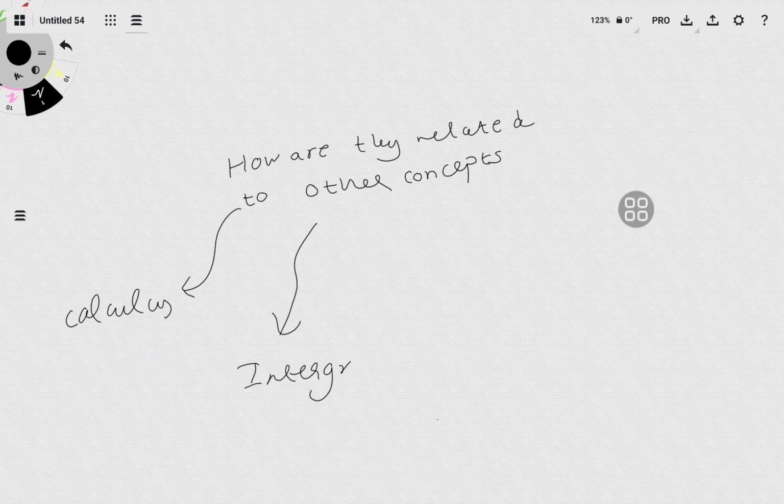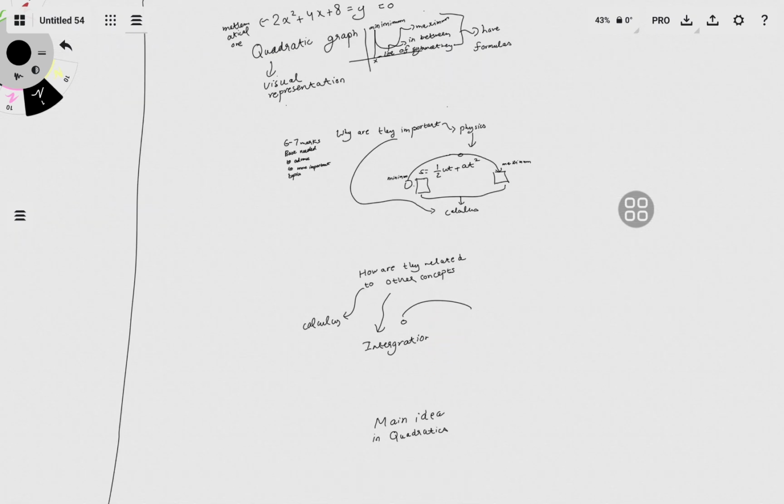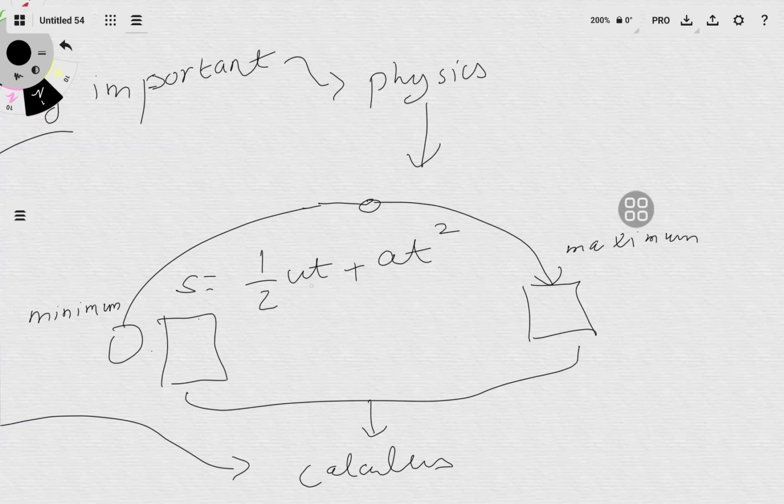If we have to calculate the displacement in physics, which I have already mentioned above, you can see that it is taking the whole graph and integrating.